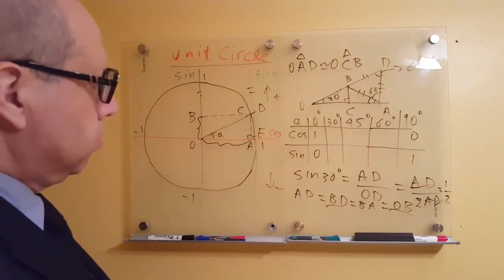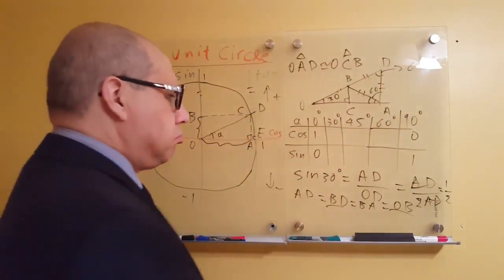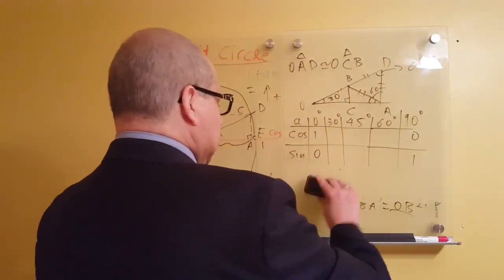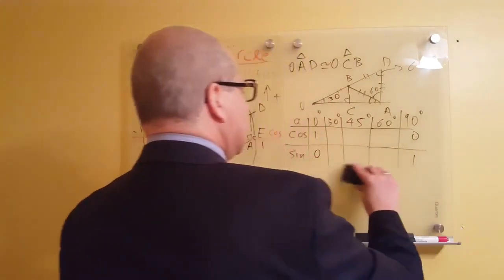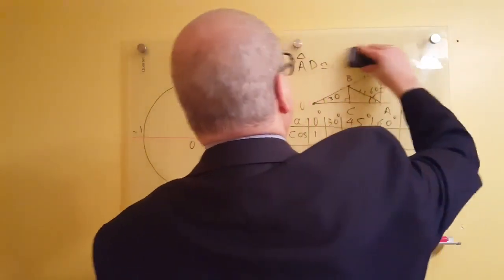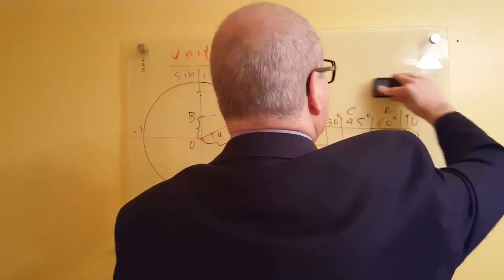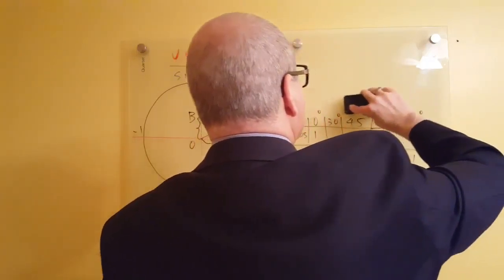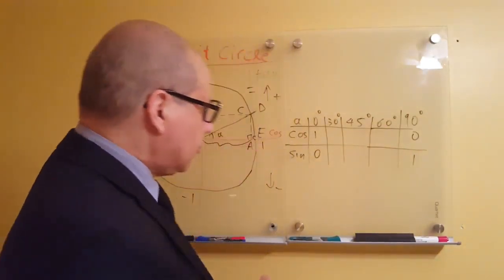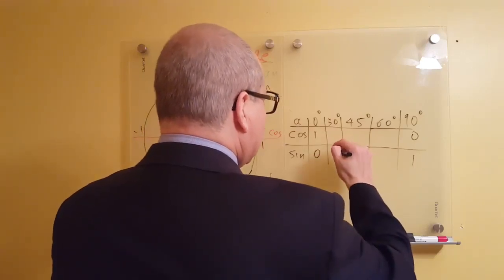So now that's it. You don't have to remember anything. Now let's erase also this triangle here. So we started from the sine, doesn't matter, the sine of 30 is 1/2.